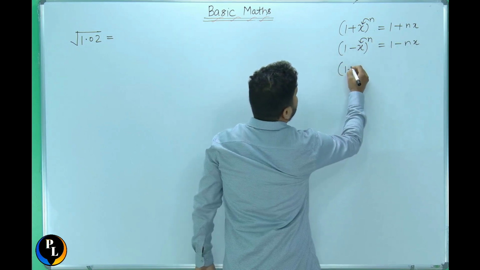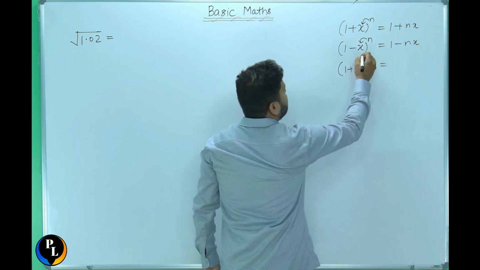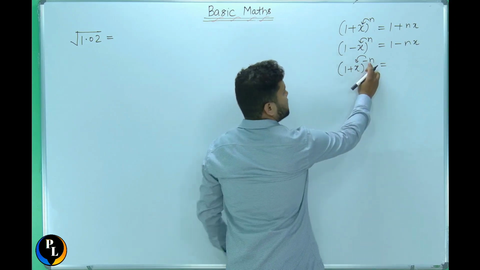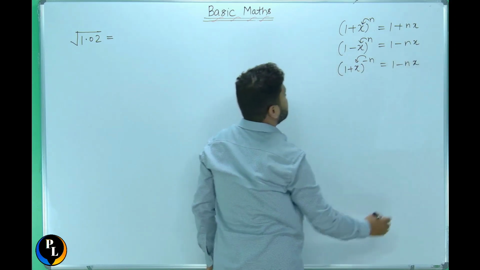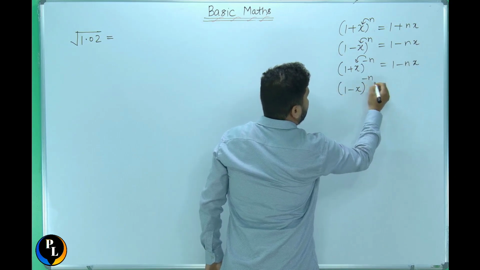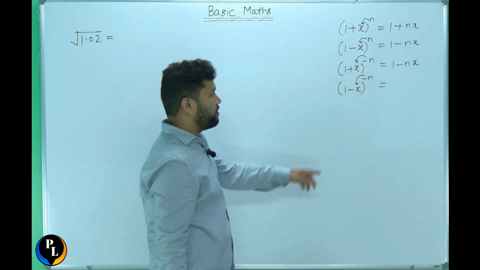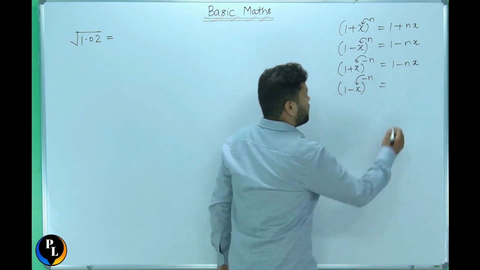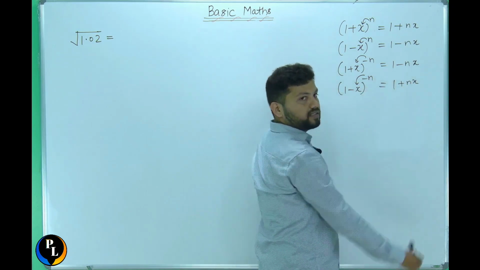Similarly, (1 plus x) power minus n: again the same story, multiply the power minus n into x, so it becomes 1 minus nx. And the last one, (1 minus x) power minus n: again the same rule, so minus x into minus n becomes plus nx, giving 1 plus nx.